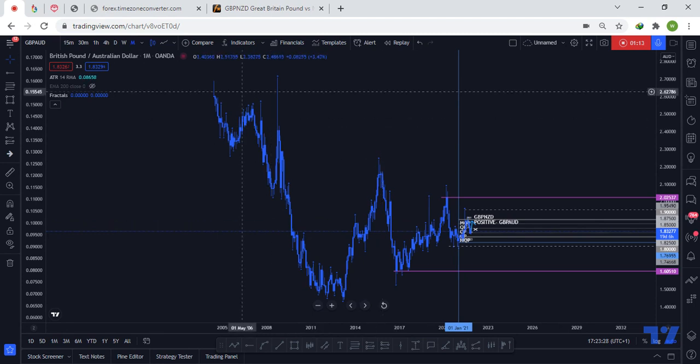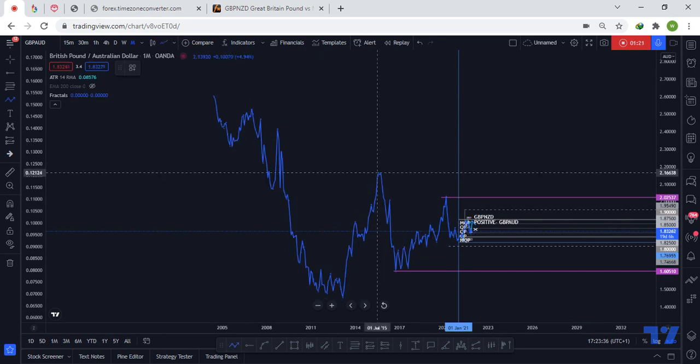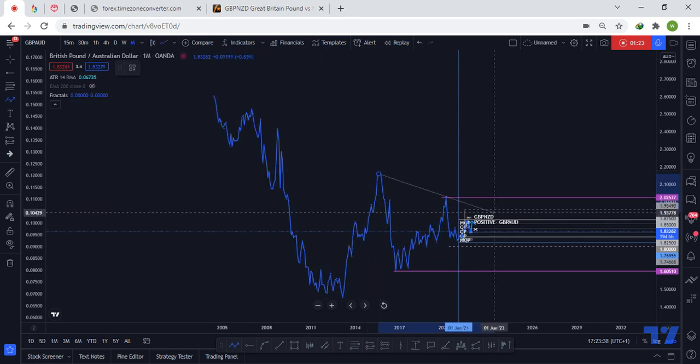We can see this downtrend. Obviously, it's trending down one way or the other. Let me use the trend line instead.